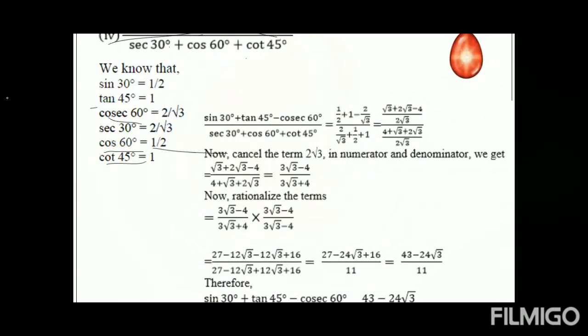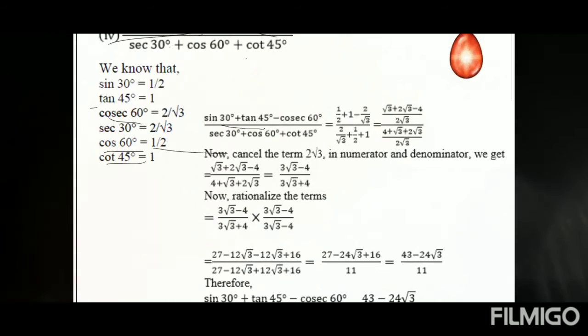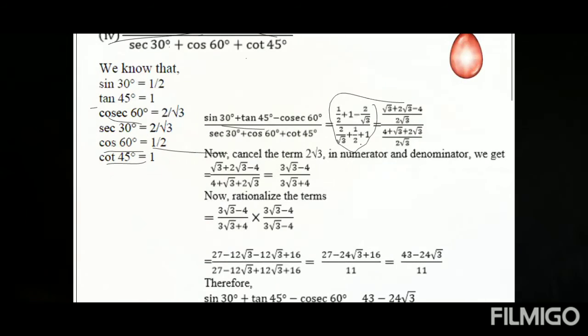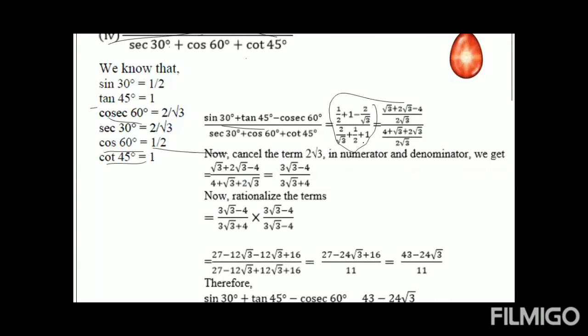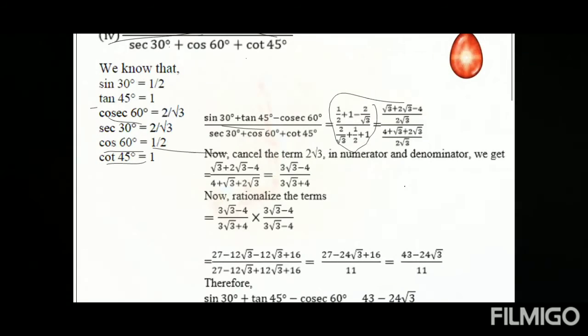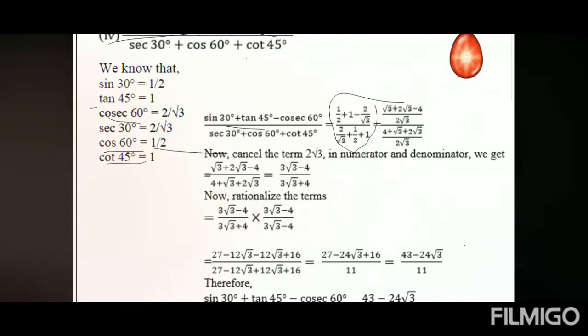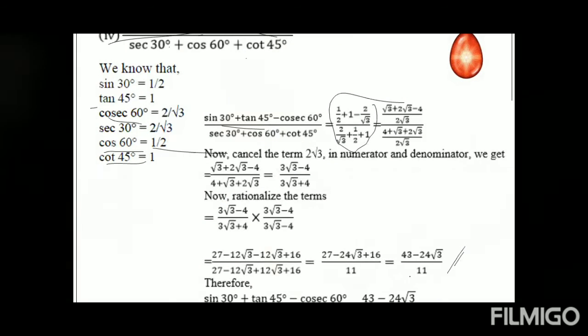So substitute these values. You get this equation. Okay. Then you need to further simplify, and then get your answer. Your last answer will be 43 minus 24 root 3 by 11.